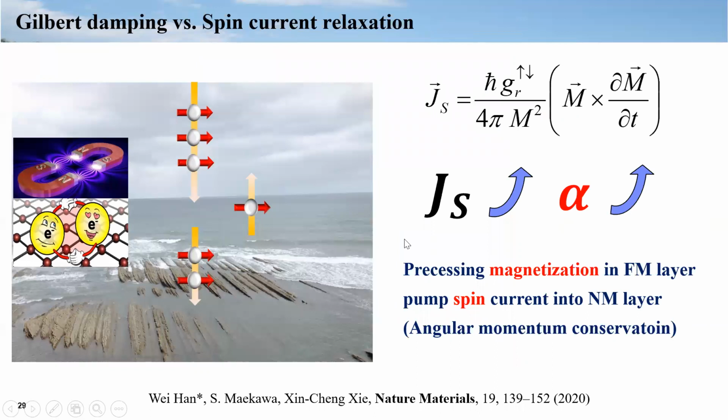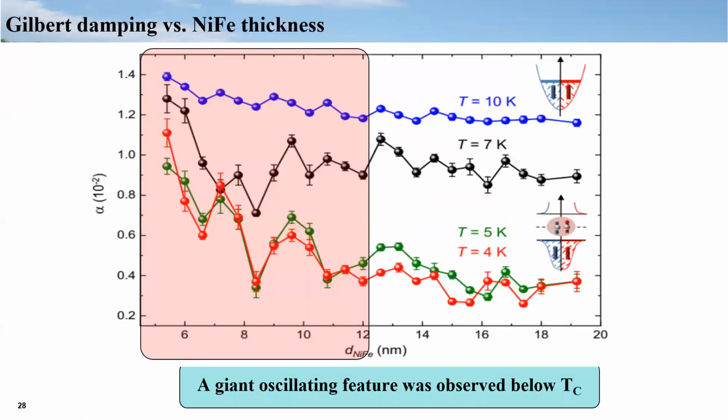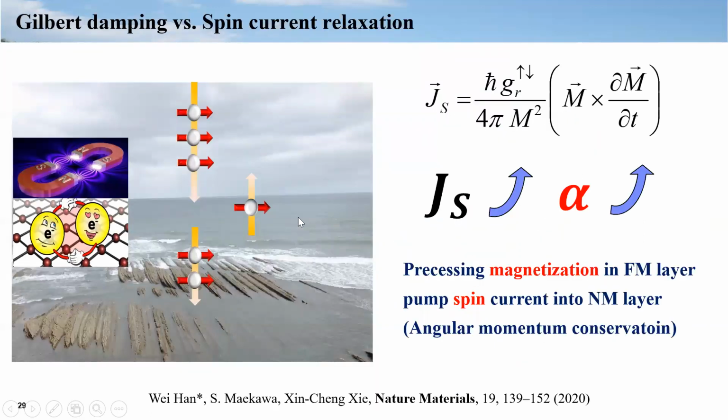What does this mean? Why is the oscillation dramatically enhanced when the temperature is lower? Let's come back to the Gilbert damping and the spin relaxing process. Firstly, a spin current is injected into the superconductor. Some spin current gets relaxed, and some spin current goes back to the ferromagnetic layer.